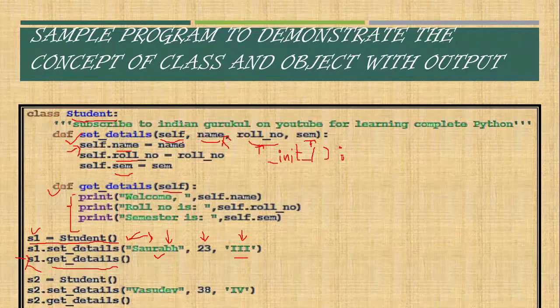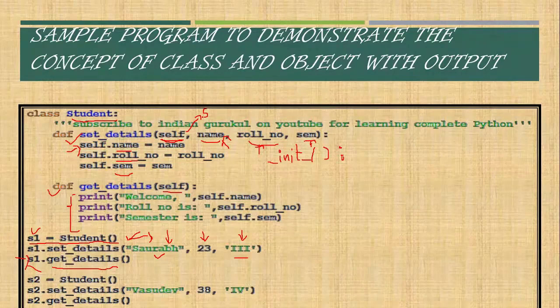One very important point is that this self could also be given some other name. It's not mandatory for us to write self only. We can provide it with any other name, but we cannot use any predefined keyword. We can simply use s, or any other name.